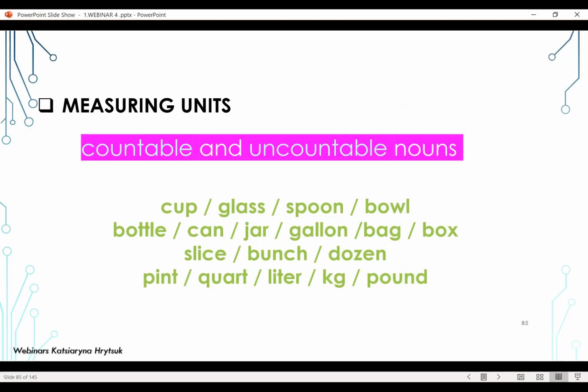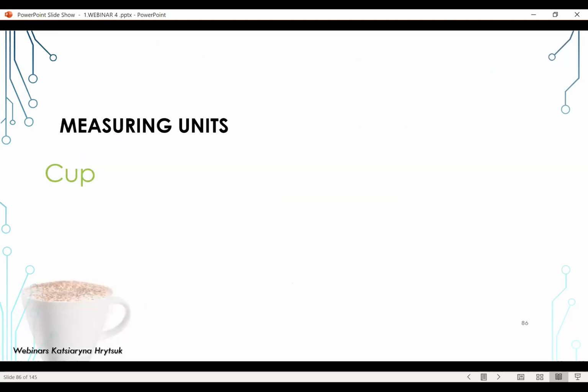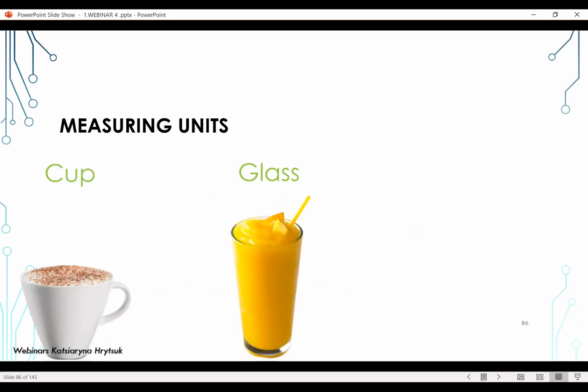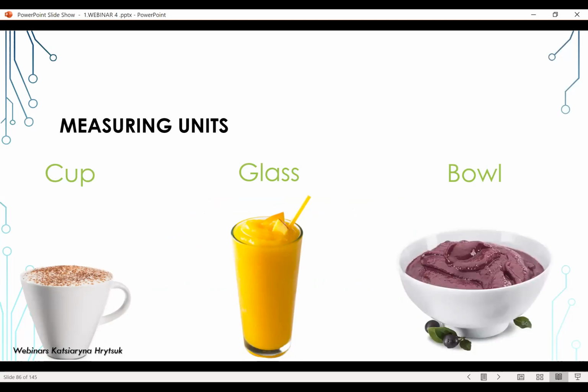Later I show you examples: dozen, pint, watt, liter, kilogram, pound. So let's go. Cup of coffee, a glass of milkshake or juice, and a bowl of rice, porridge, soup, absolutely.